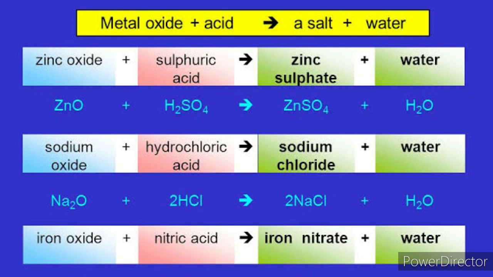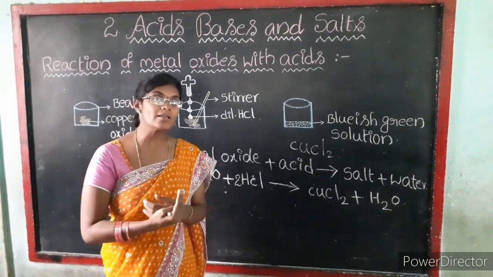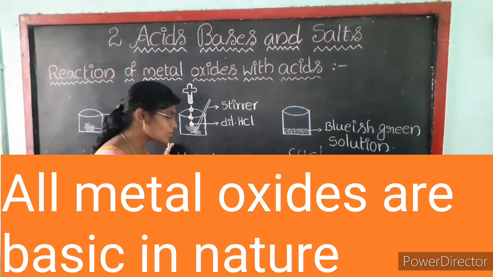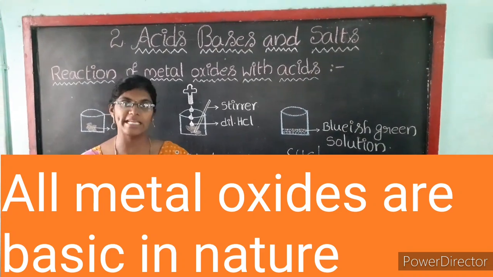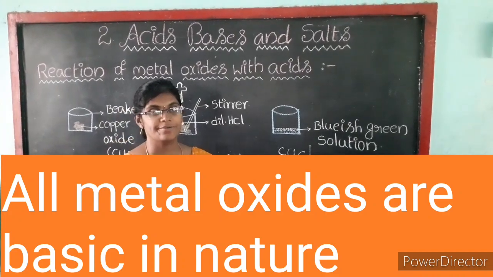Similarly, in this case, metal oxide reacts with acid, it produces salt and water. By these two observations, what we conclude here? Metal oxides are basic in nature. All metal oxides are basic in nature.